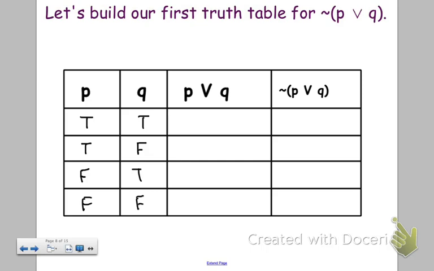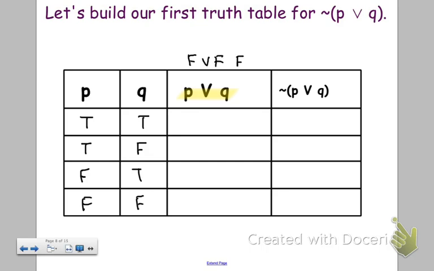Okay. Now, remember we're building a truth table for the statement negate the quantity P or Q. So before we negate it, we have to figure out the truth value for P or Q. Okay. Now remember, because we're looking at or, P or Q, I'm looking for that combination of false or false is false.